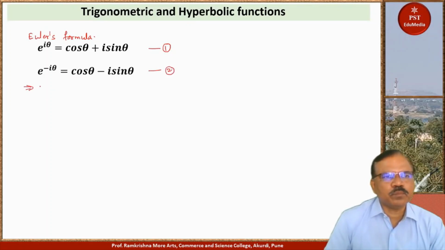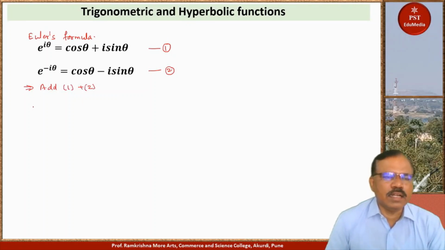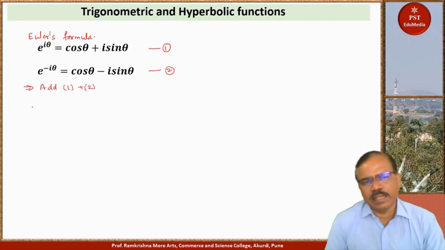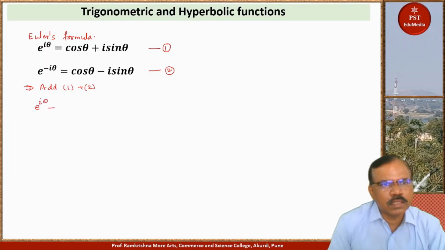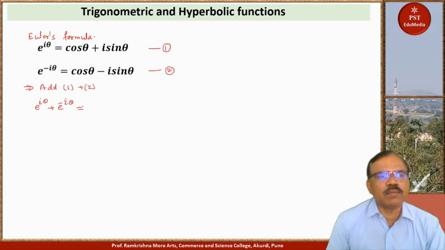Suppose we add equation 2 in equation 1. So we get here right hand side is added in right hand side, left hand side is added in left hand side. So if we add here, we get e raised to i theta plus e raised to minus i theta, and this is equal to cos theta plus i sin theta plus cos theta minus i sin theta.